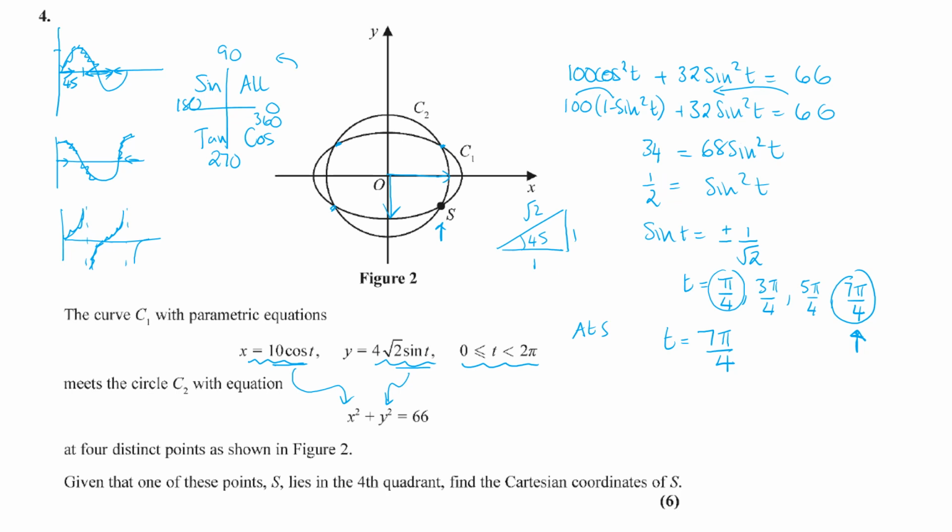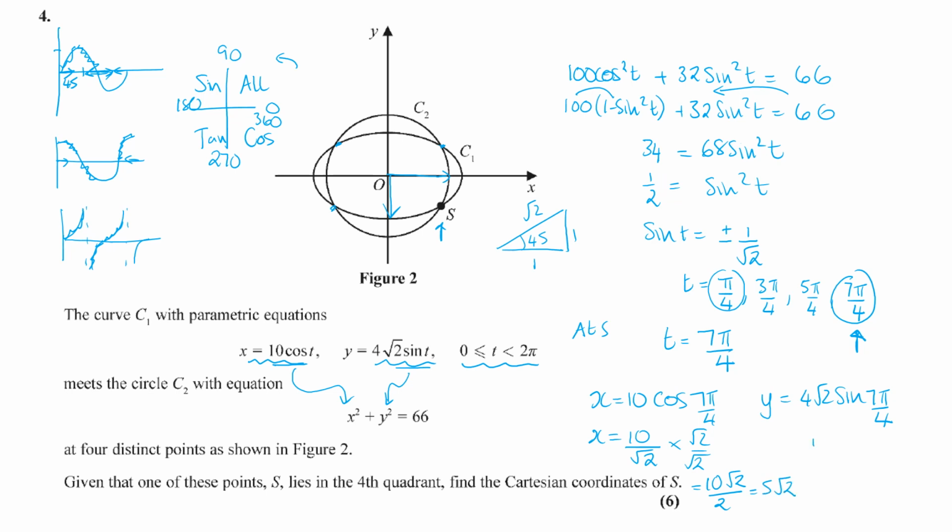So all we need to do is plug that into our parametrics. So x is equal to 10 cos 7 pi by 4, and y is equal to 4 root 2 sine 7 pi by 4. So we know that cos of 7 pi by 4 is 1 over root 2, so this will be 10 over root 2, which if we just rationalize the denominator, will be 10 root 2 over 2, which is 5 root 2.